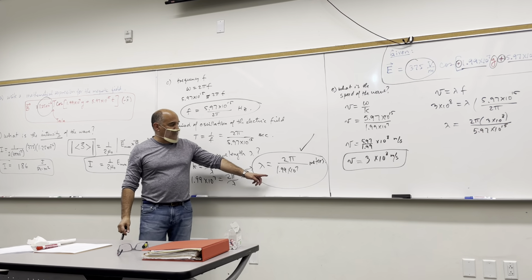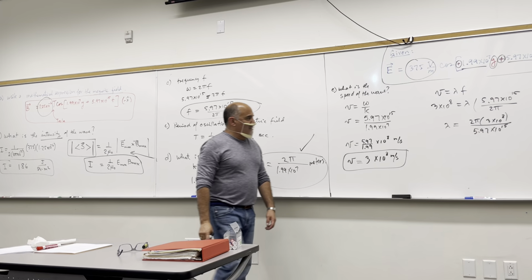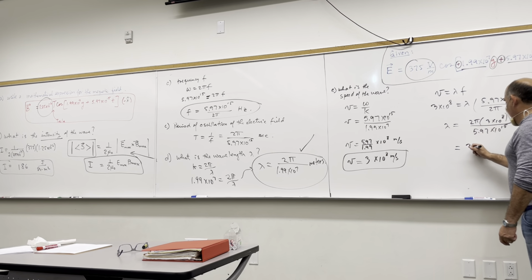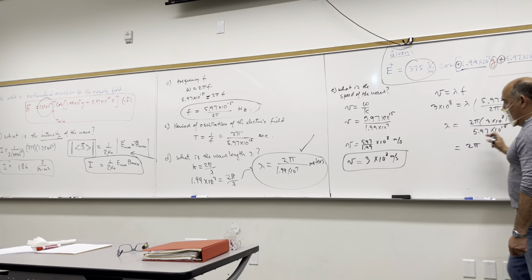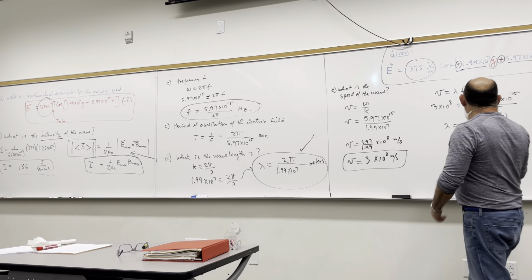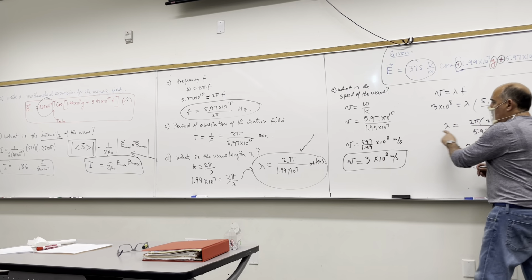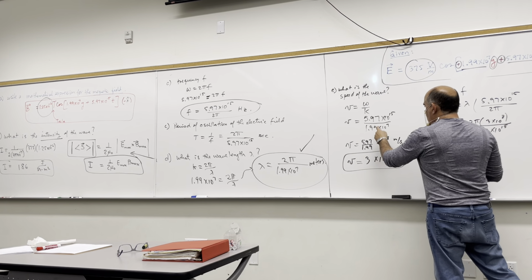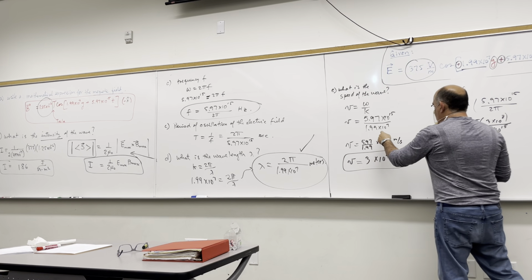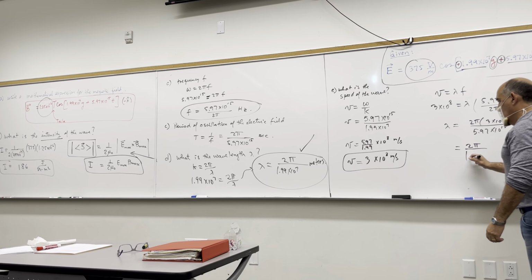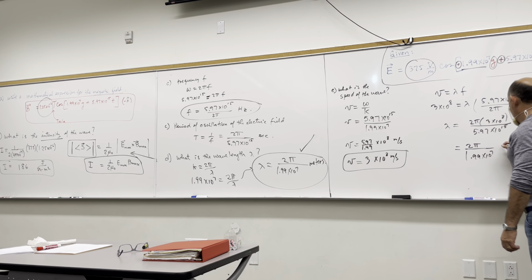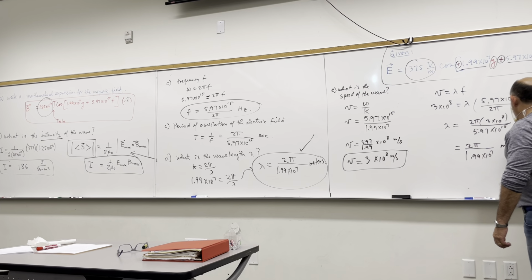Can you see how I went in circles? When you do the 3 times 10 to the 8th divided by that, that will be 2 pi, and then this divided by that. It's 1.99 times 10 to the 7th. Same answer. Meters.